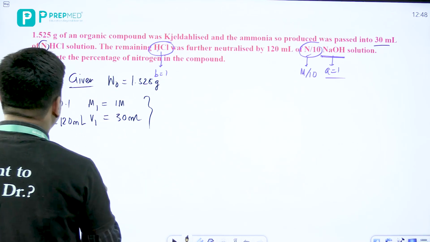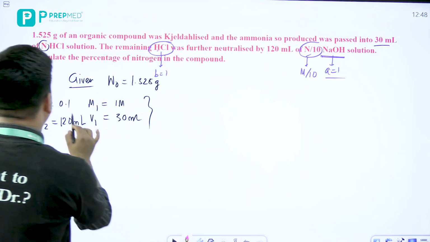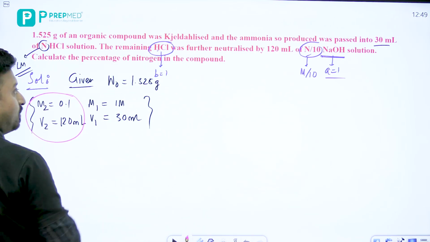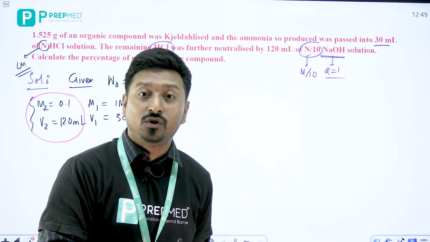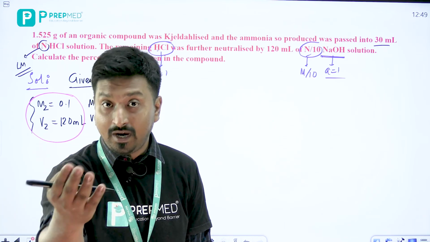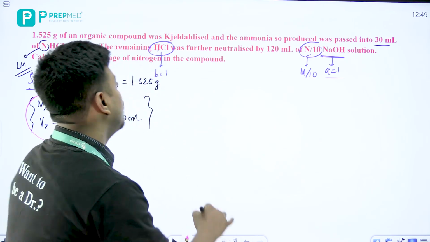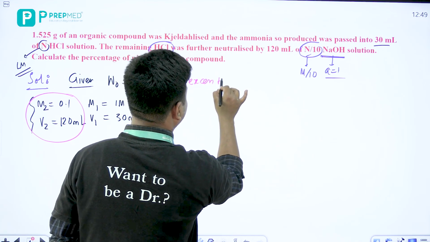So first what will we do? Here we have our sodium hydroxide, and we know that whatever sodium hydroxide is consumed, that is basically the amount of the hydrochloric acid which is present in excess. So directly here we will write the excess hydrochloric acid.